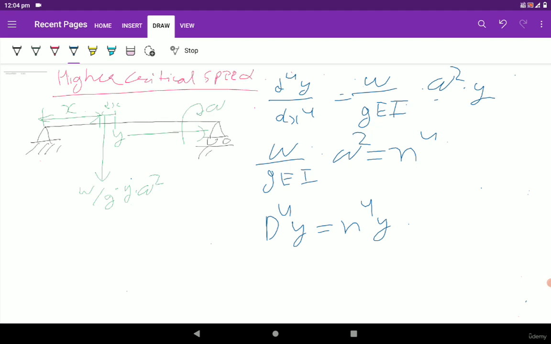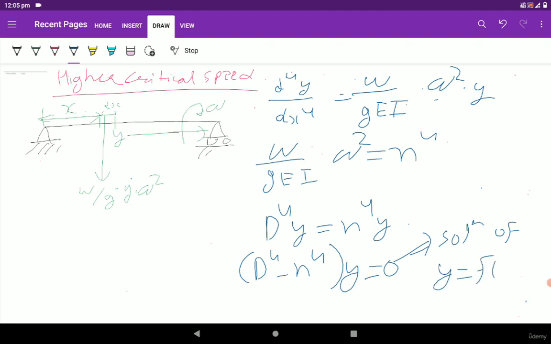So after further simplification we are going to get d4 minus n power 4 y equal to 0, which is the solution of y equal to function of x.